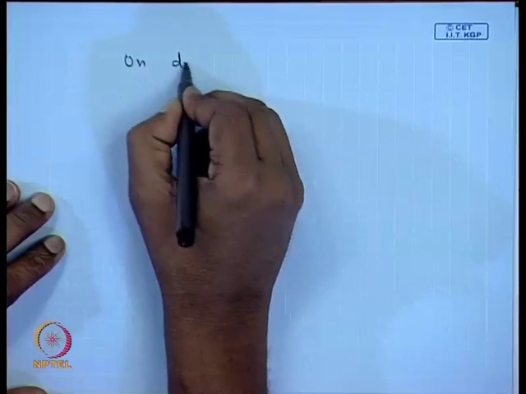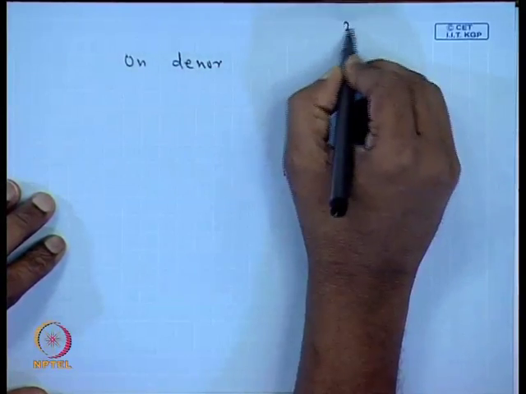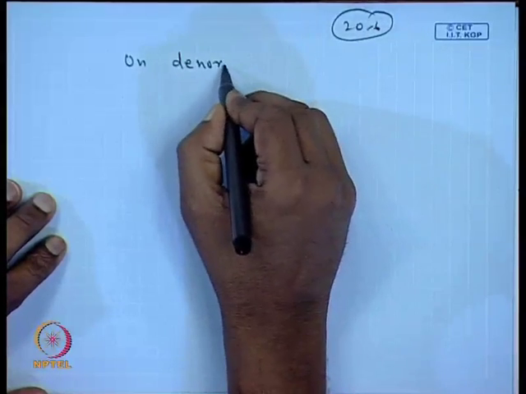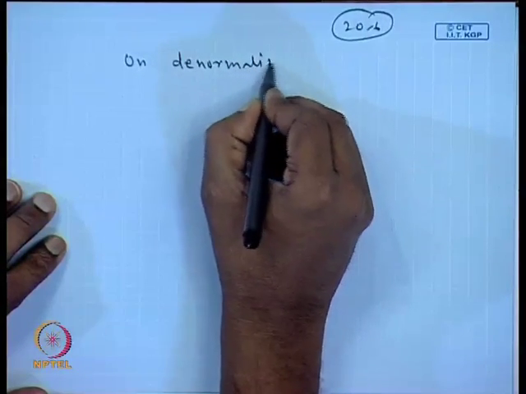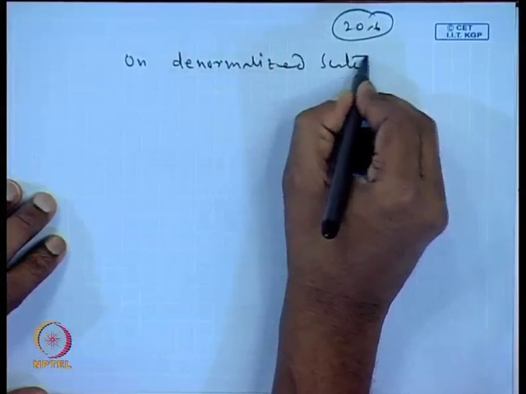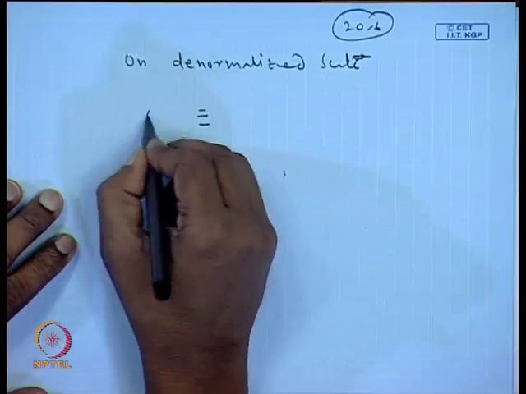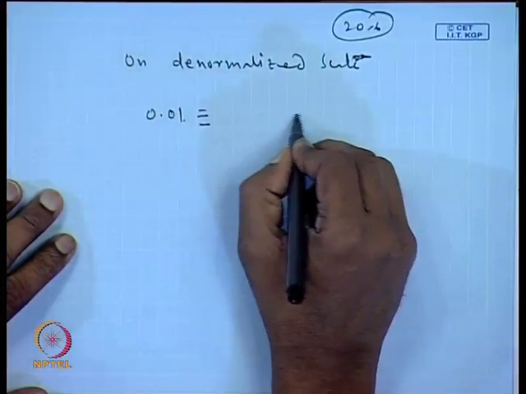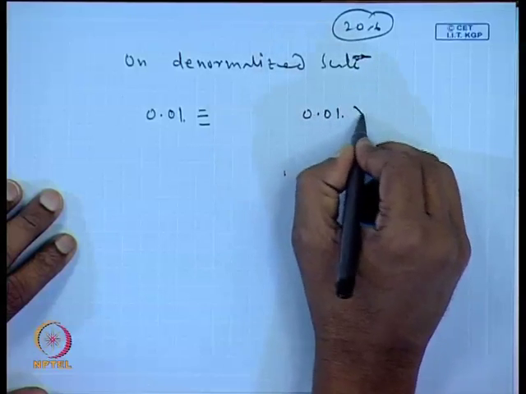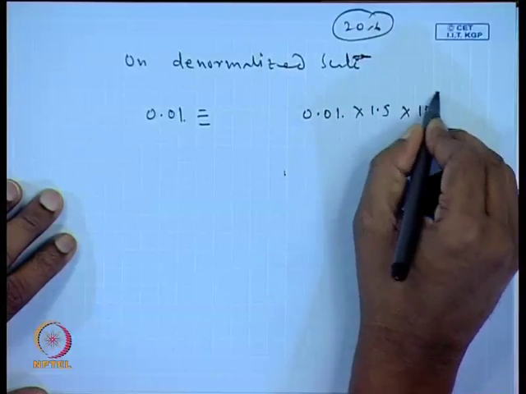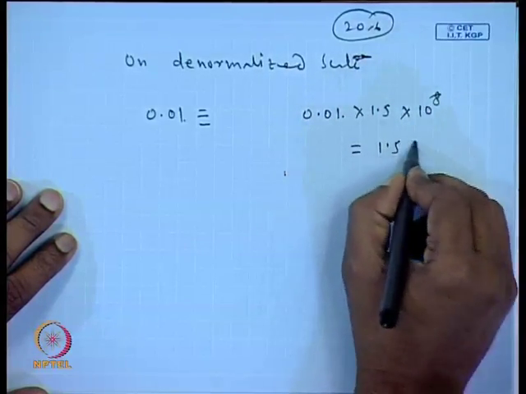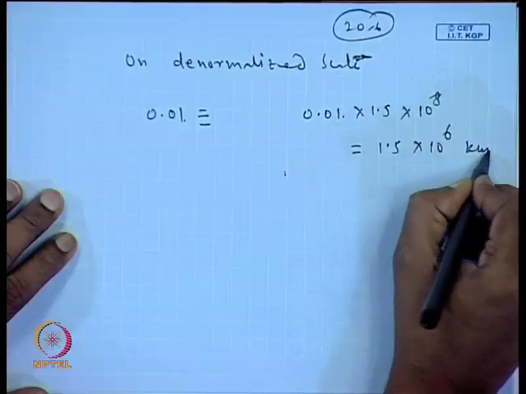So, on the denormalized scale, we have 0.01, which is equivalent to 0.01 times 1.5 times 10 to the power 8 equal to 1.5 into 10 to the power 6 kilometers.